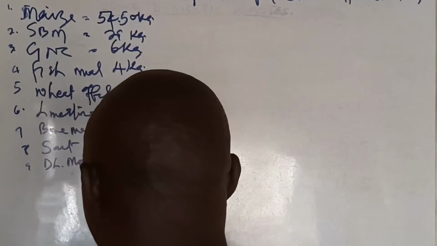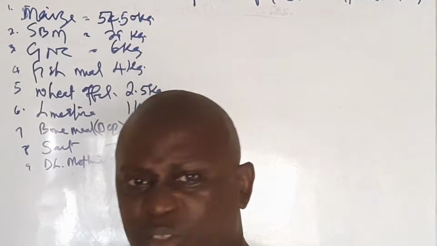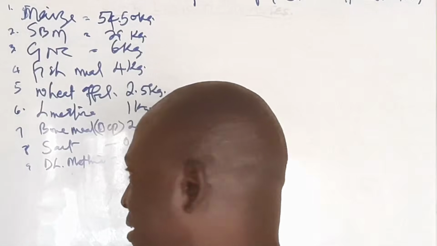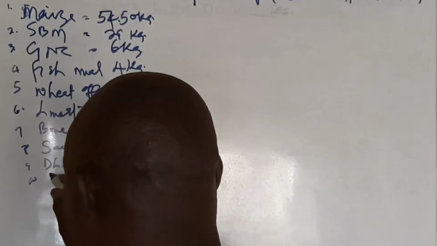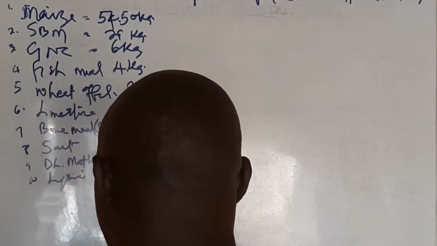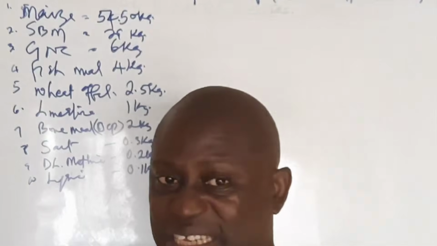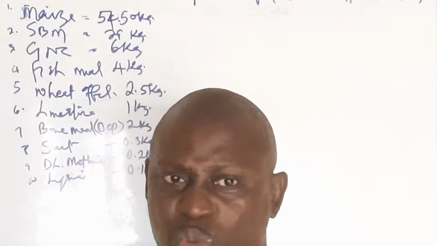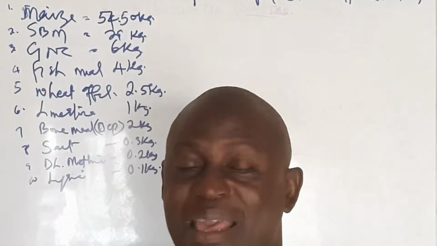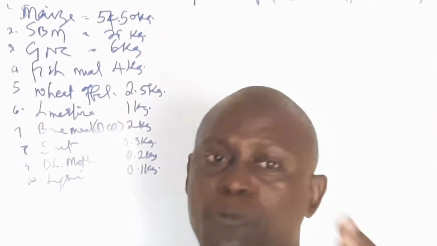Our next one is lysine. Number 10. Lysine is 0.1 kg. Remember that some of these ingredients have a little quantity of lysine in them also. Our next one is enzyme. Enzyme helps in breaking down all these food nutrients into particles.